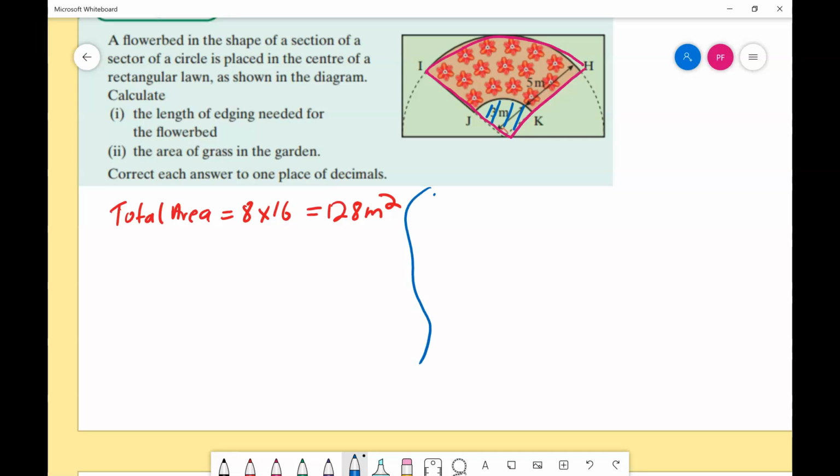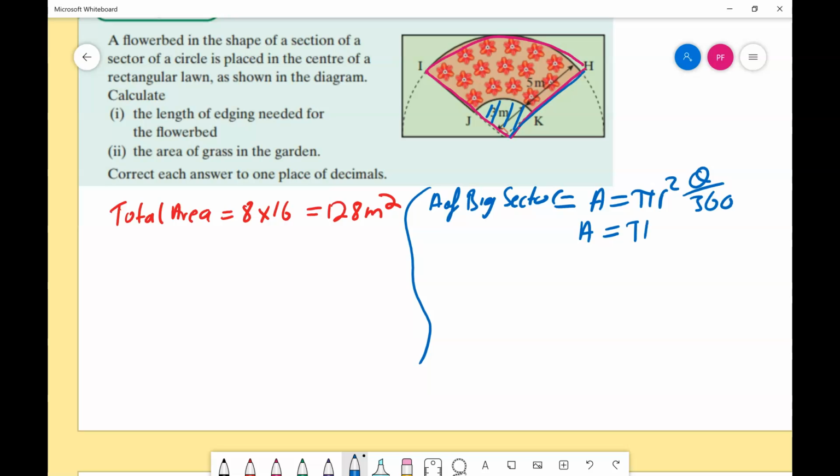So the area of the big sector, okay, our formula for the area of a sector is pi r squared theta over 360. So the big sector has a radius of 8, so pi times 8 squared times 90 over 360. 64 divided by 4 is 16, so that's equal to 16 pi meters squared.